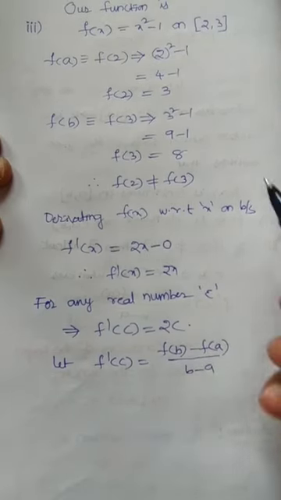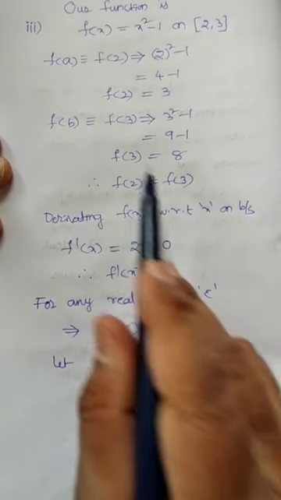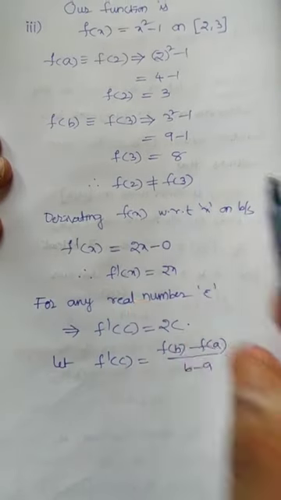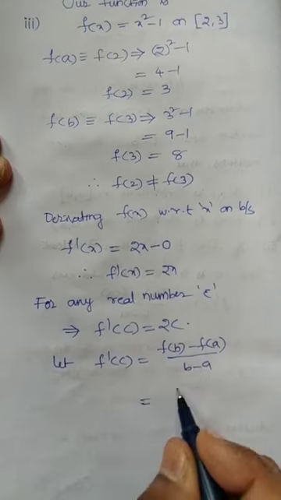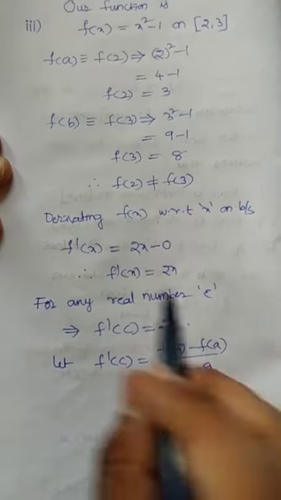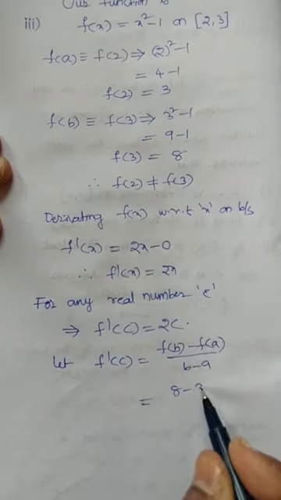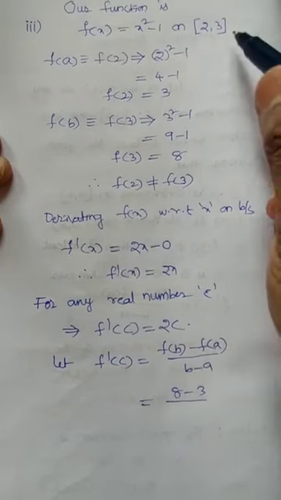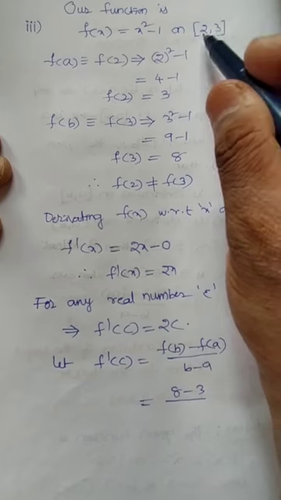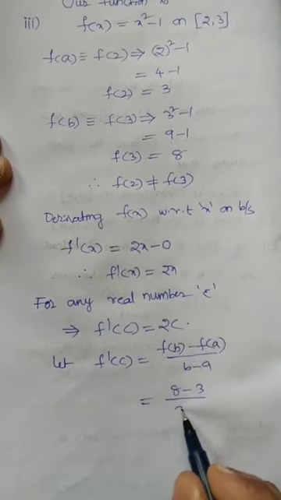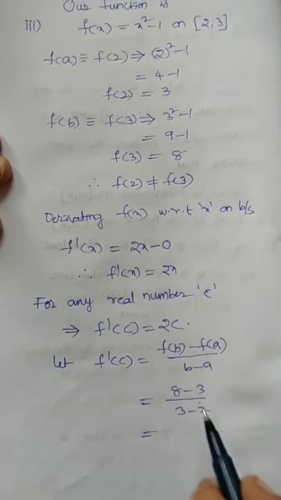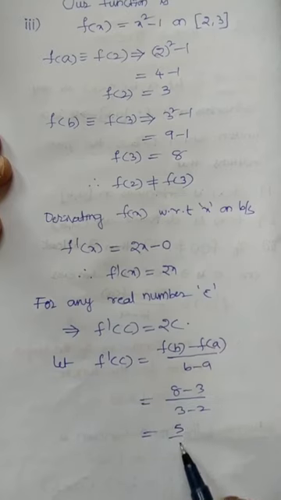So what is our f of b value? This is f of b, which is 8. f of a is f of 2, which is 3. b minus a means b is 3, a is 2, so 3 minus 2. So what I got is 5 by 1.